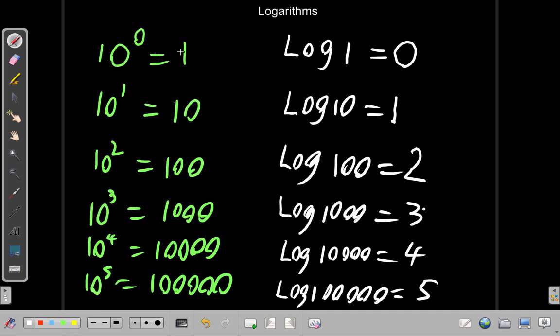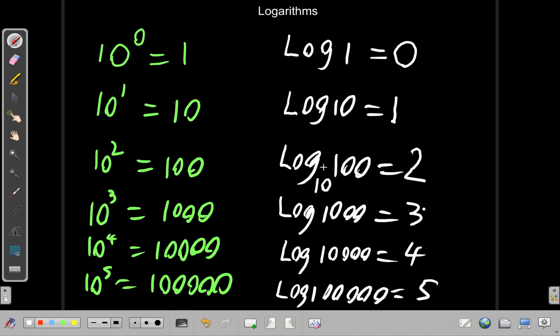Now let's look at these in the index form and these in log form. You can see that the base of the indices over here is 10. 10 to the power of 2 is 100. Over here, you have log 100 is 2. You can see that the base of the logarithms here is 10.